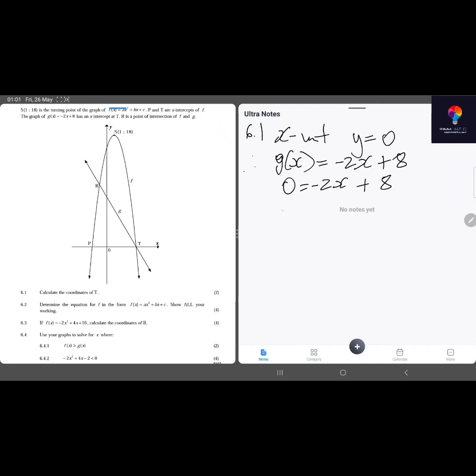Minus 2x is going to come to the left side and become positive, equal to 8. For us to get the value of x, we must divide by 2. Therefore x is 8 divided by 2, which is 4. So the coordinates of T are 4 and 0.